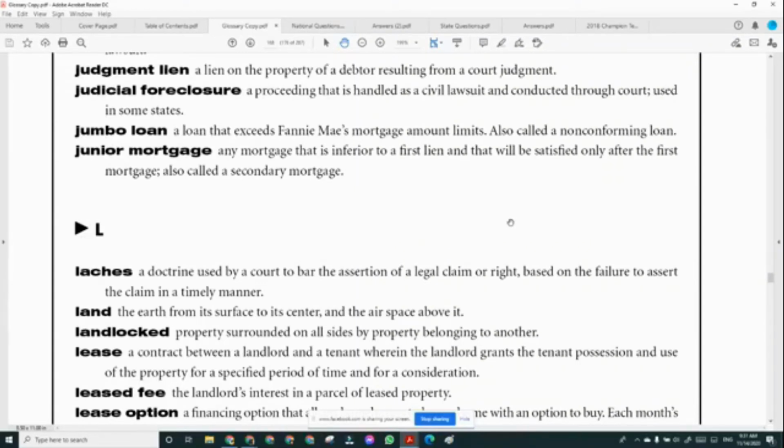Property taxes is the first lien. The first mortgage has then the second priority after the property taxes, and then comes the second lien, the second mortgage. Second lien may get nothing. So property taxes will get paid first, and then the first mortgage. If there's any left over after that, then it goes to the second mortgage company.